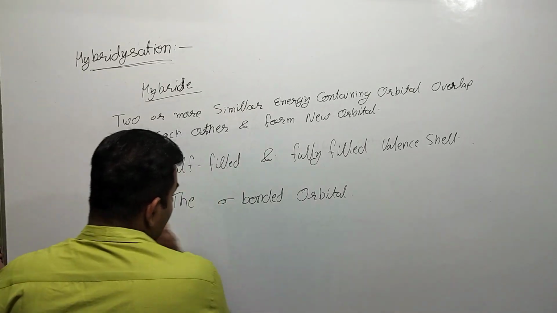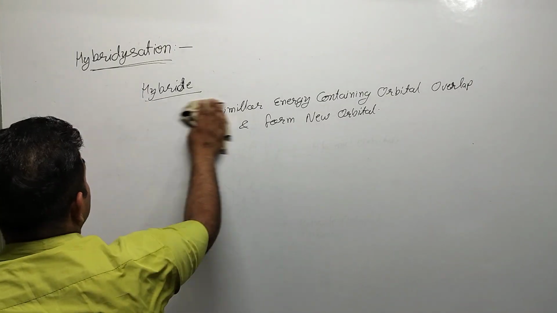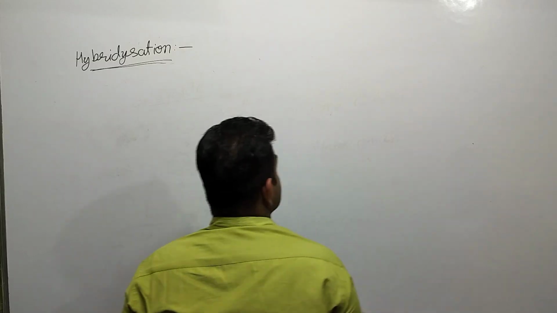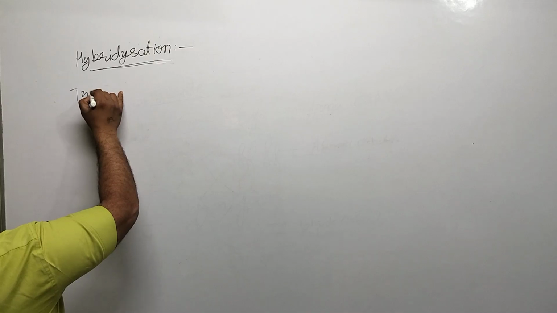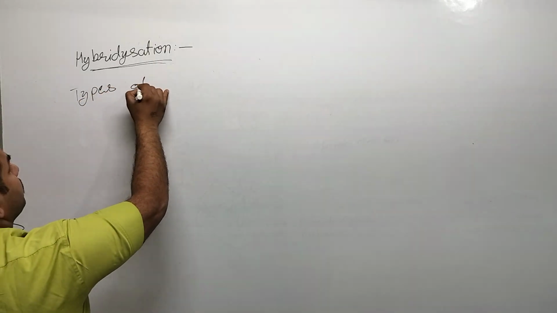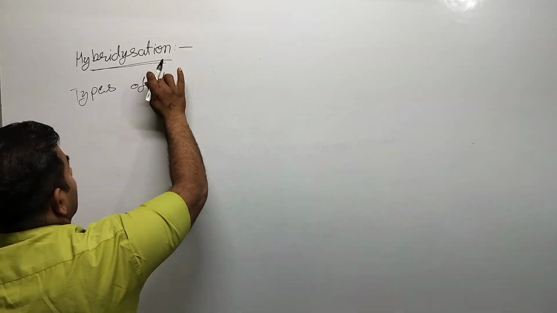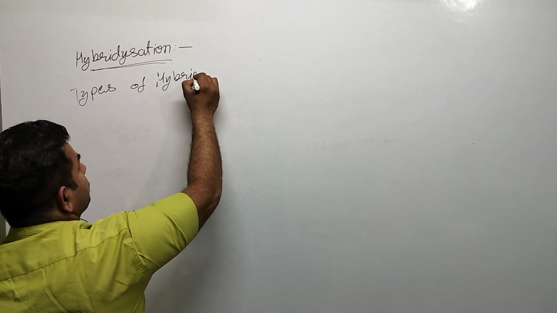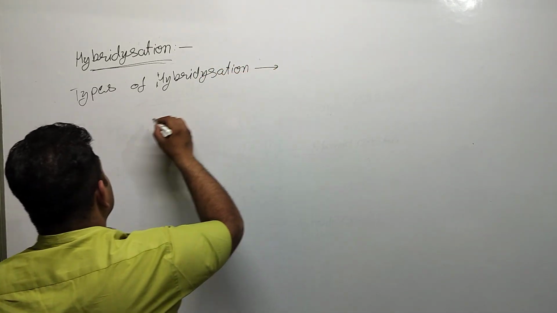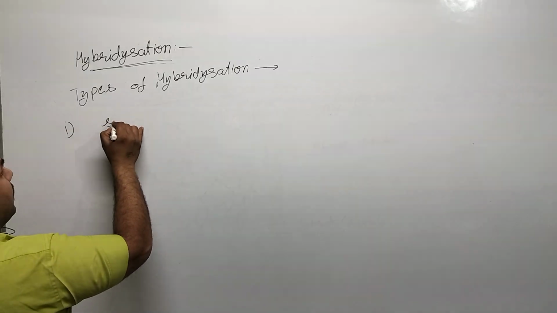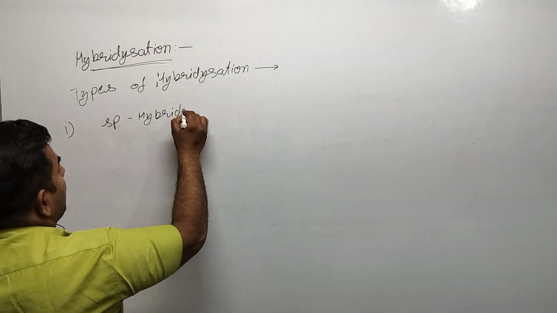So next we are talking about the types of hybridization. The first one we have is sp hybridization.